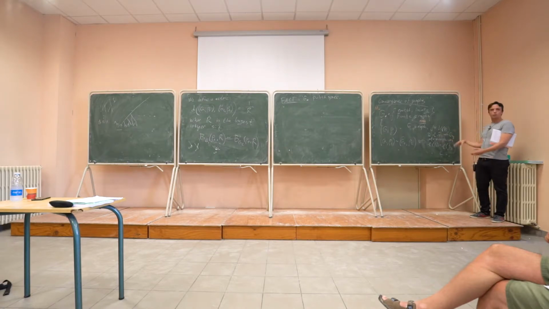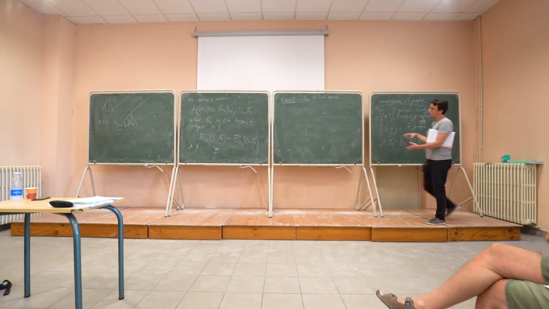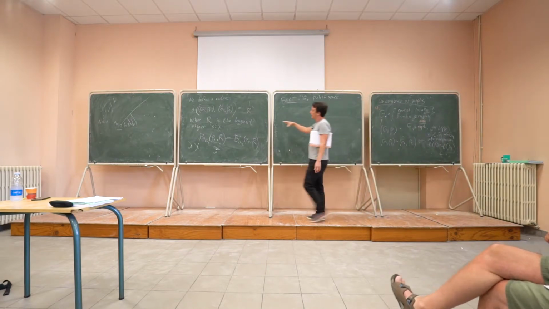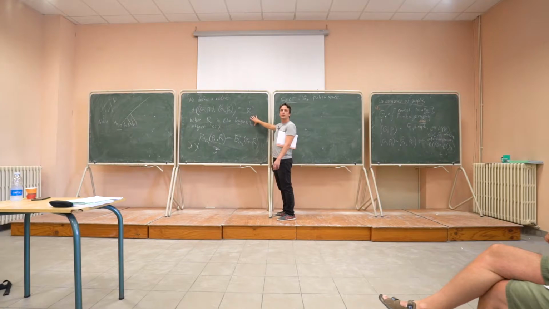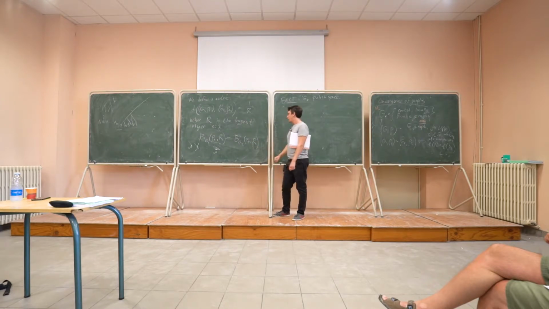But there's a slight change in the definition, where R is the largest integer such that this holds. Here you will have a map automorphism, but you don't want the labels to be equal precisely. You want them to be 1 over R away from each other, or something like that, in order to keep the space that you get an open set, so that every neighborhood is an open set.